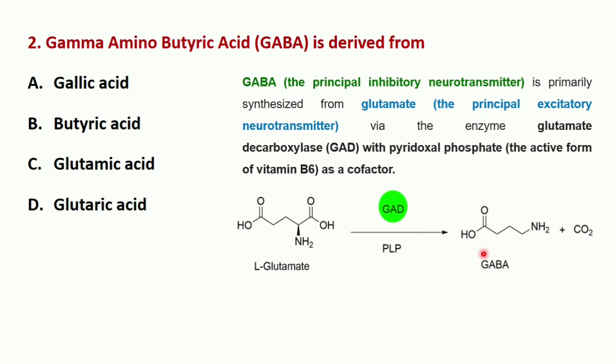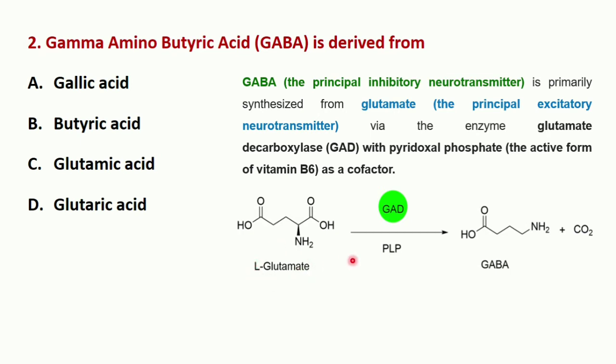GABA is a principal inhibitory neurotransmitter. It is primarily synthesized from glutamate, which is the excitatory neurotransmitter. So GABA is the inhibitory neurotransmitter and glutamate is the excitatory neurotransmitter.